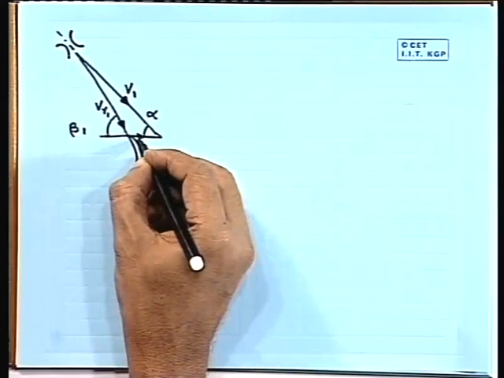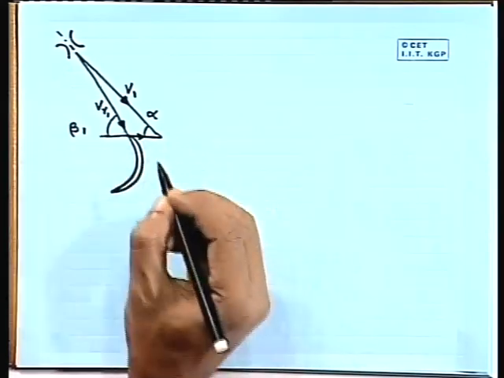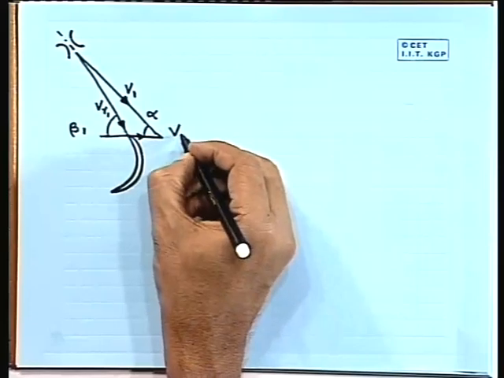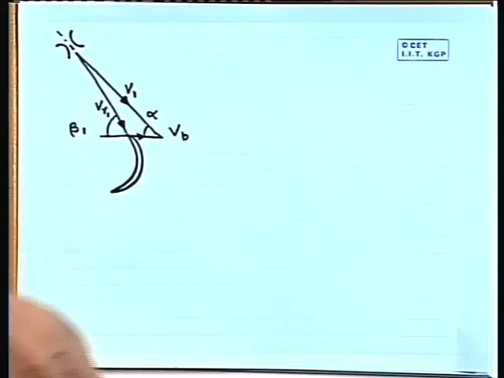This component of velocity is the blade velocity due to rotation, and it is denoted as Vb. This Vb is obtained simply from the RPM of the blade and the blade diameter.